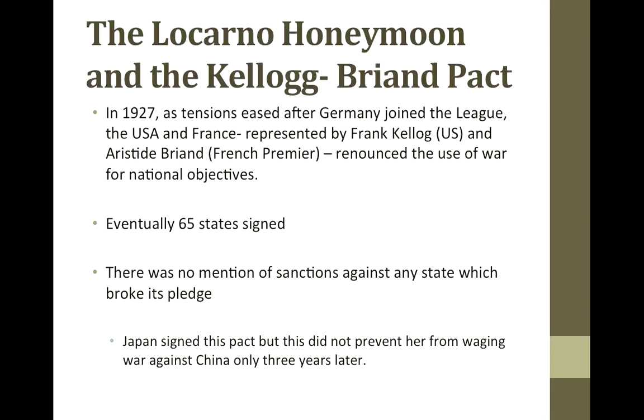They renounced the use of war for national objectives. Eventually, 65 states joined. However, among the limitations of this treaty was that there was no mention of sanctions against any state which broke its pledge. And Japan actually signed this Kellogg-Briand Pact, but within the next 3 years, they were going to invade Manchuria in China. All right.